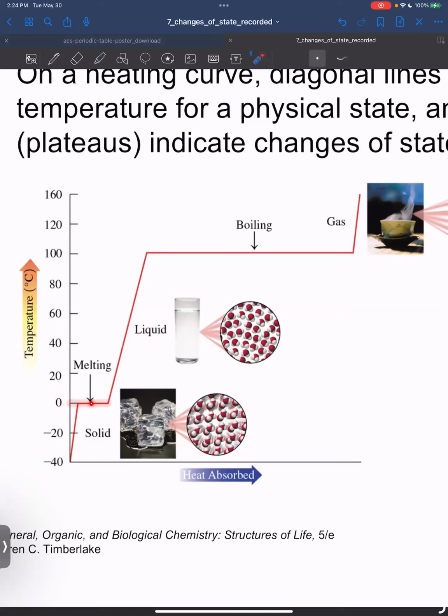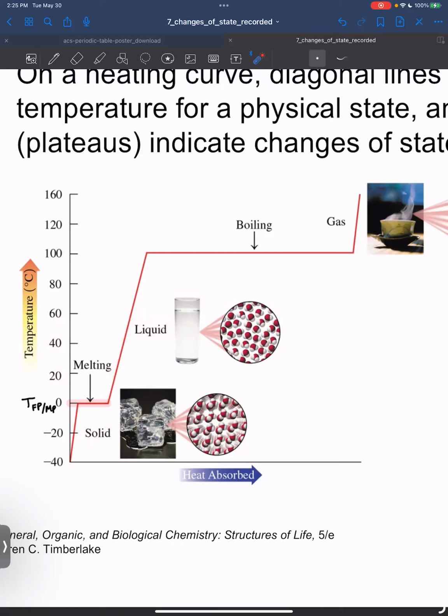That number will be your freezing point or melting point, because remember, those are reversible processes, going from a solid to a liquid or from a liquid to a solid. It's also important that you can identify that before you hit the freezing or melting point, the state of matter is a solid. After the freezing or melting point, it's a liquid.